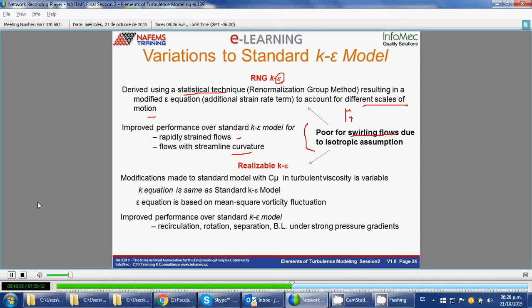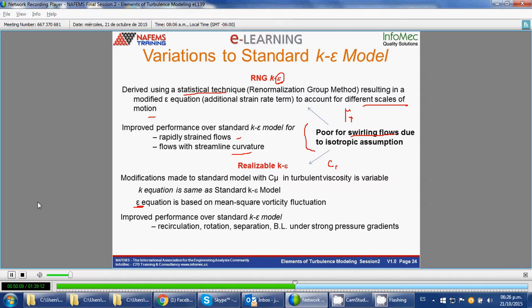Another modification to k epsilon is called realizable. And that means that this C mu, of those five constants that we talked about, should be a variable rather than a constant. And this would change a little bit in the epsilon equation again.